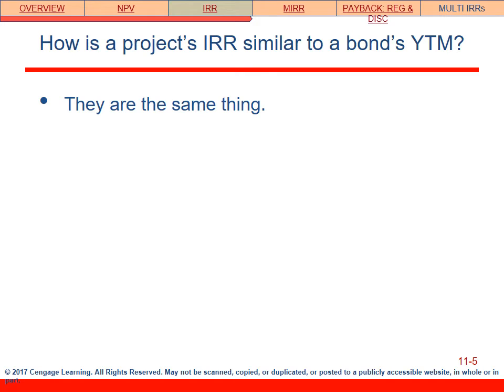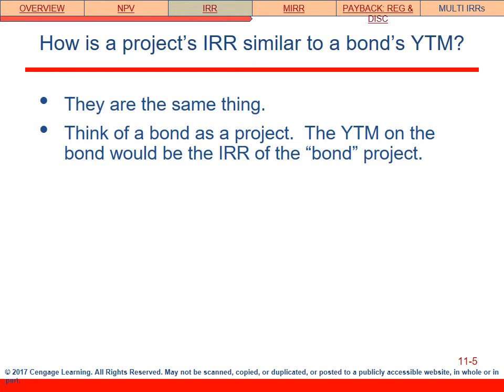The benefits are the coupon payments and the return of the par value, whereas with a project, you've got a cost and then some cash flows that occur. So think of a bond as a project. The yield to maturity on the bond would be the internal rate of return of the bond project.